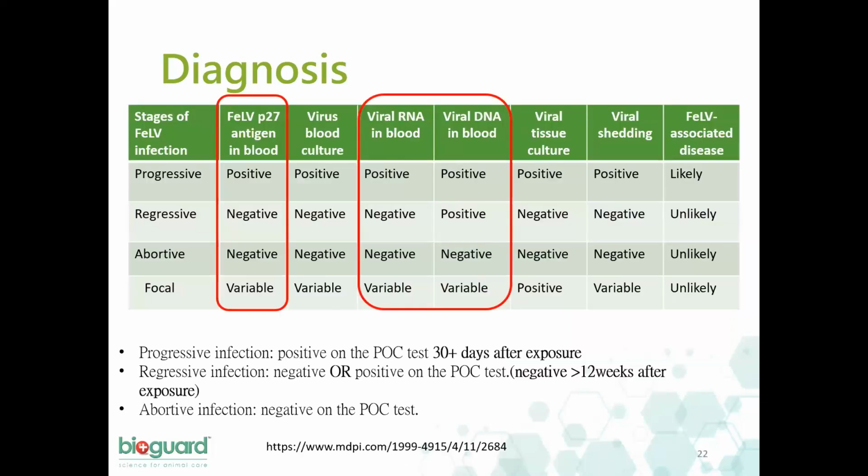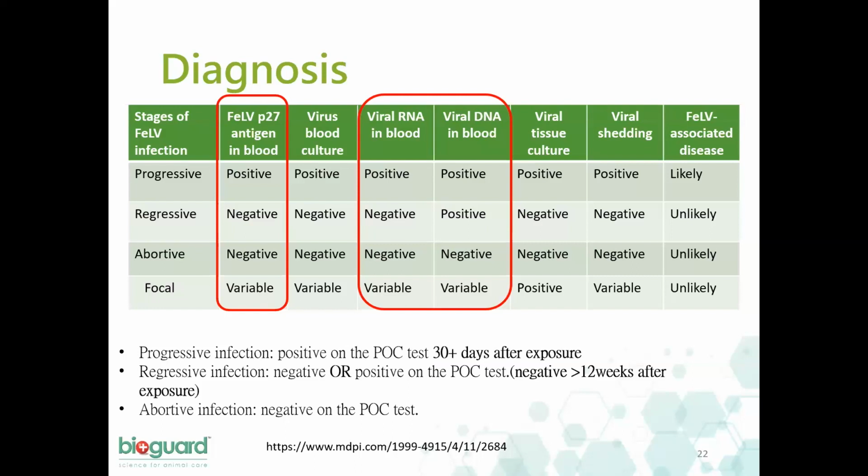So this is just a summary of the stages of infection. During progressive infection, using the blood sample, the P27 antigen is present. It can also detect the viral RNA in blood and viral DNA.